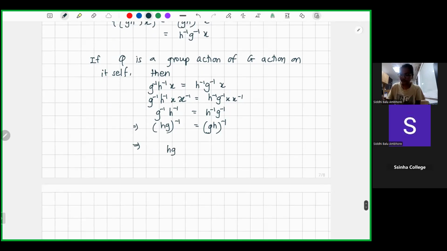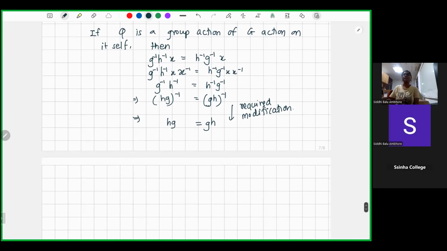And then we get that Hg is equal to Gh. You can do the required modification, and you will get what is required here.